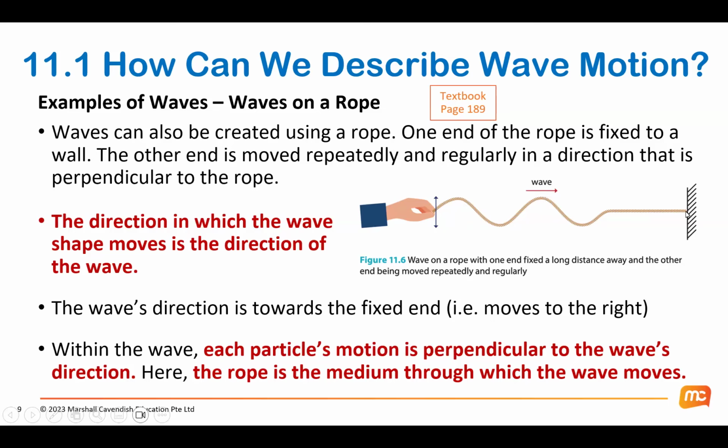If you are standing at the other end holding on to the rope, you can feel the vibration in the rope because the kinetic energy of the hand gets transferred through the rope, the medium, to the other end. But the rope at this end just stays on the spot and vibrates up and down. It doesn't get moved to the other end.